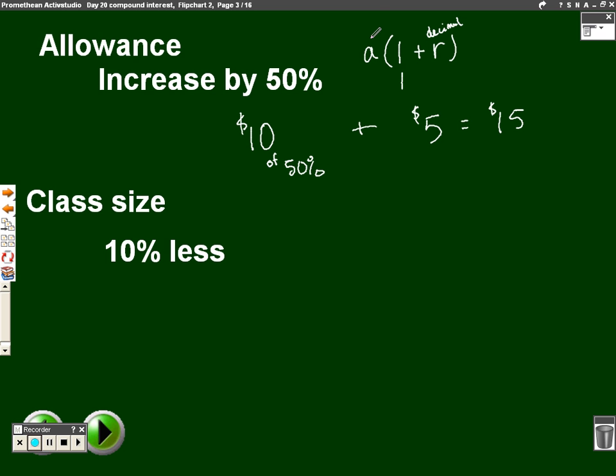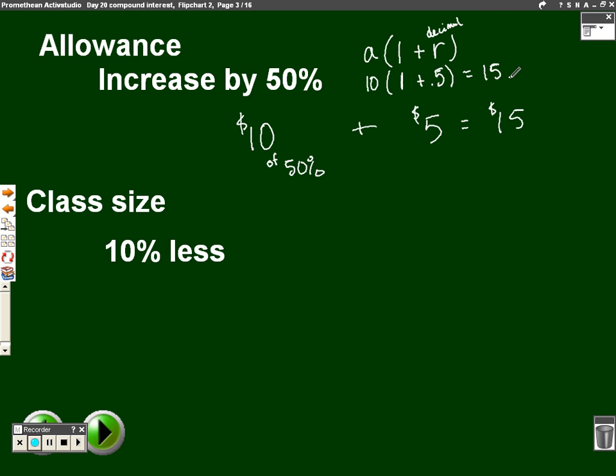So the initial amount was $10, and we need 50%, so 0.5. We need 1, and we need a half of it. So 1.5 times 10 would be 15, as Ian told me.